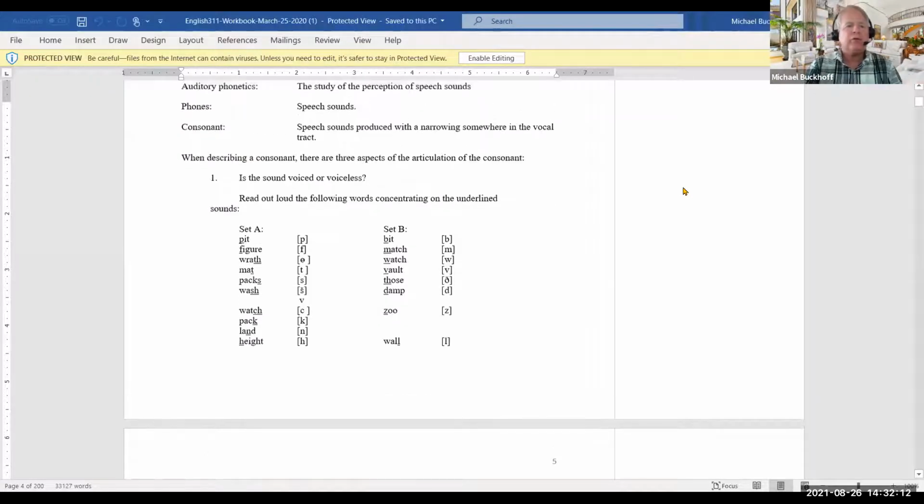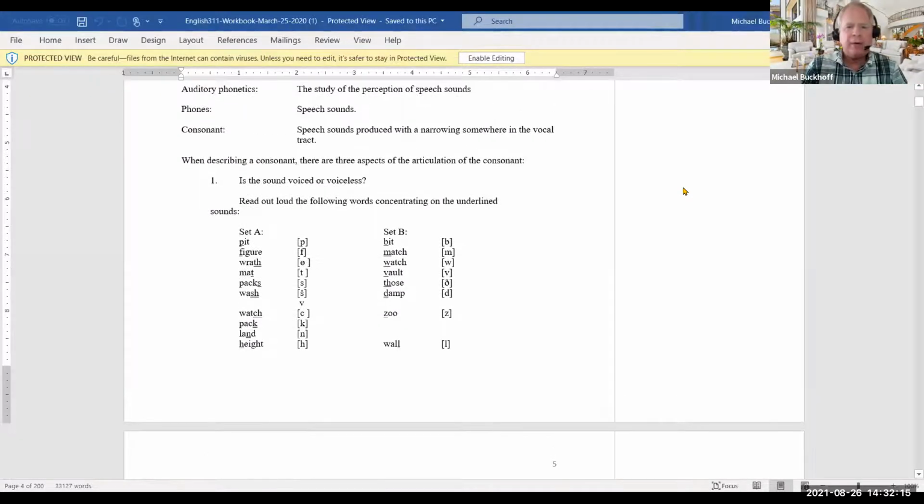It says, when describing a consonant, there are three aspects of the articulation of the consonant. There are three things that we will worry about. Number one: is a sound voiced or voiceless? If you look at the examples here, let's take a look at set A first.